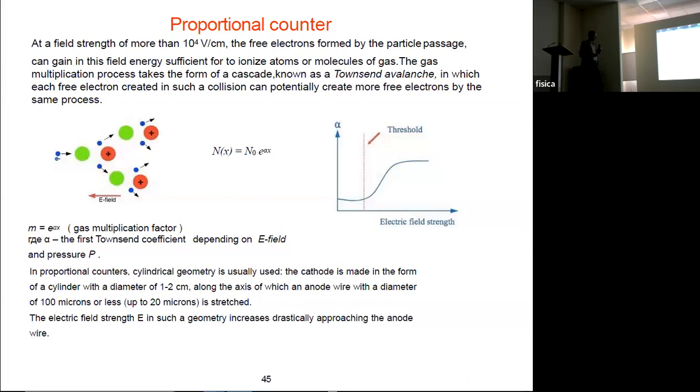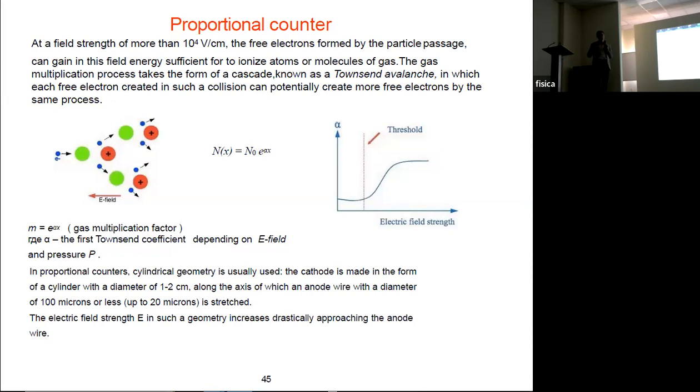But the main problem in order to achieve these electric fields, with a field strength of about 10 to the 4 volts per centimeter, is that it's a pretty huge field, and it can only be achieved in so-called cylindrical geometry.